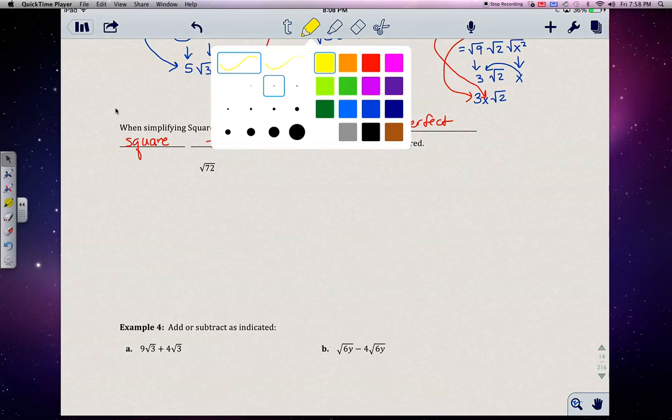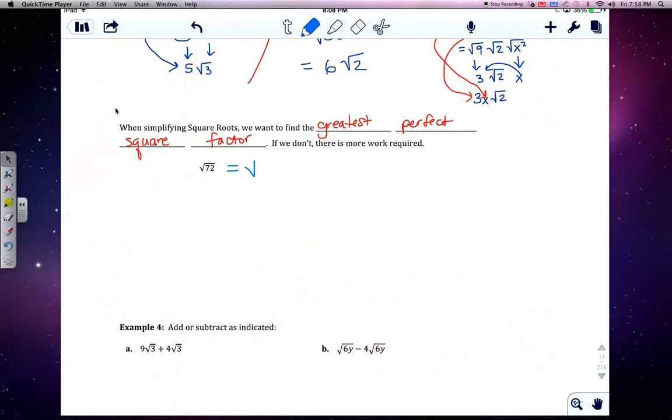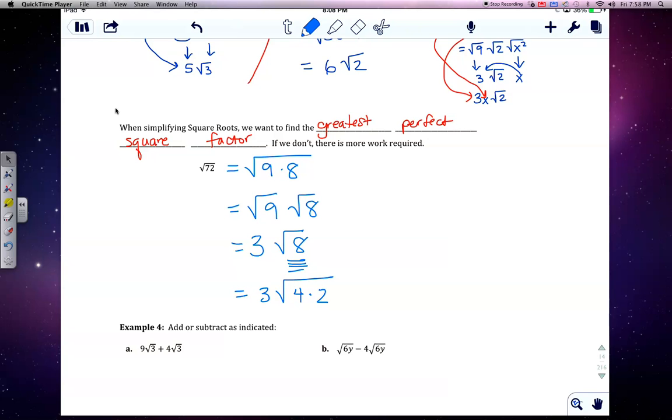So if I rewrite this as the square root of 9 times 8, I get the square root of 9. The problem is if you look at the square root of 8, 8 is made up of 4 times 2, and 4 is a perfect square.